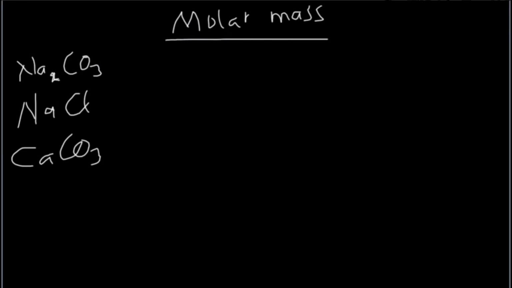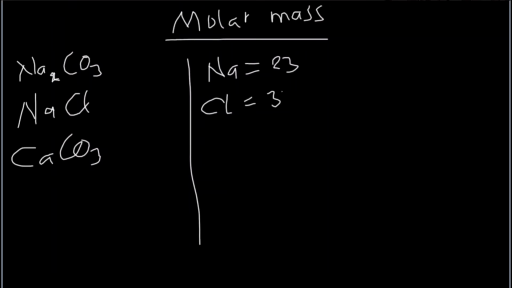In every question, they will give you the relative atomic mass of the individual elements. As I said earlier, sodium on the periodic table has a relative atomic mass of 23. Also, we have Cl, which is equal to 35.5.